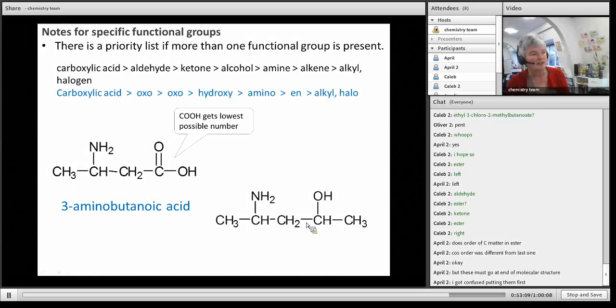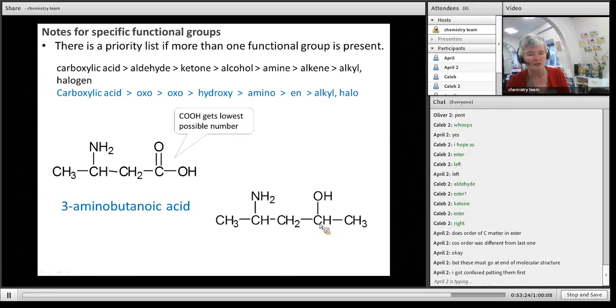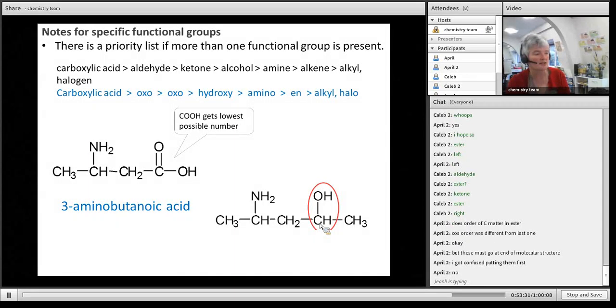If I had an alcohol, so I've replaced this just with an alcohol and a methyl, the alcohol still dominates over the amine. But is my alcohol now on the first carbon? No. So I've got to say where it is. Even if it wasn't the first one, I have to say where it is.